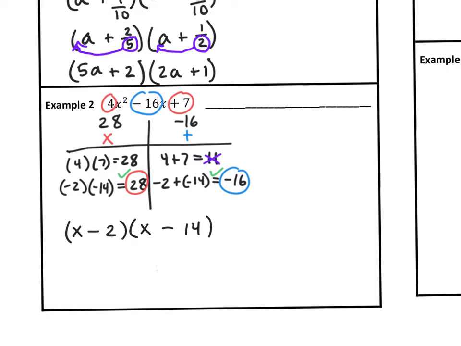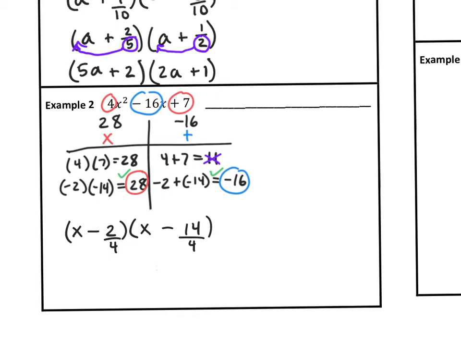But again, this is a little bit different, because the number in front of x squared, or the variable squared, is not 1. So when this happens, we have to make sure and divide by that number. Divide by 4, divide by 4.